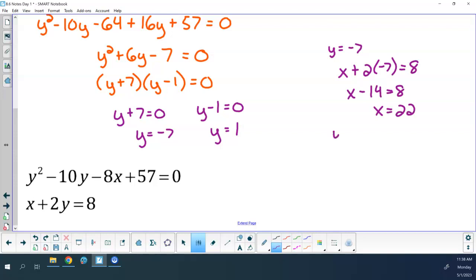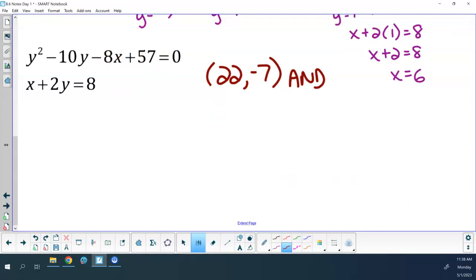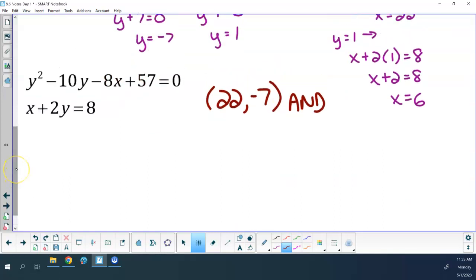And then y equaling 1. X plus 2 times 1 equals 8. So I get 22 comma negative 7 and 6 comma 1.